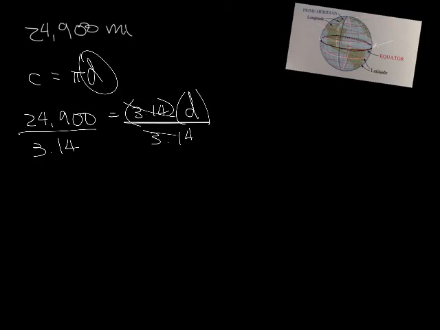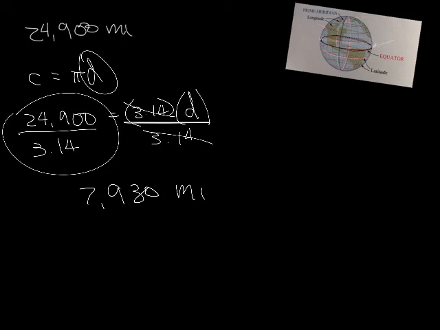So that will cancel and that will cancel. If we take 24,900 and divide it by 3.14, we get 7,930 miles. So from one side of the Earth all the way through the center to the other side of the Earth is 7,930 miles. So it's 7,930 miles thick at its biggest diameter, or at the equator.